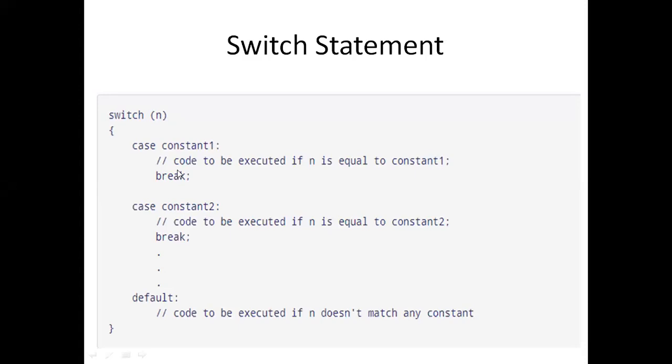Means with respect to the user, there are n number of choices, and out of that only one choice is going to be executed. Similar to if else, depending upon the condition, either the if block or the else block is executed, only one block. In the same way, in case of switch case, depending upon the value, only one case block is executed. And if none of the cases matches, then by default whatever default code is written at the bottom is executed.